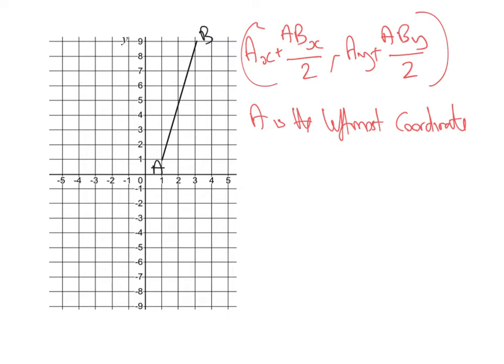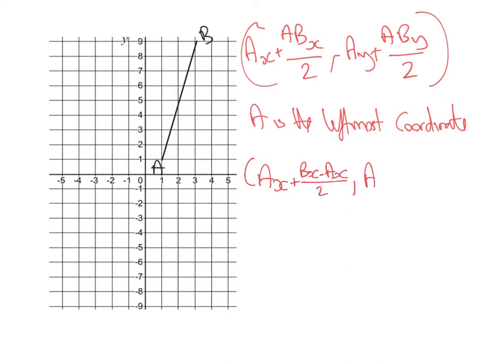So we can write this out in an easier way now. AX plus, and how did we work out the x length of AB? Well, we did BX take away AX, over 2.